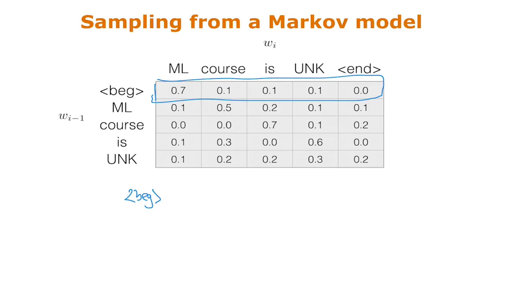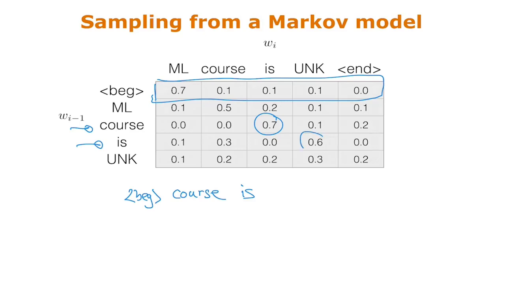So we throw that die. Most likely we would get the word ML, but we might also get the word course. Now the course is the preceding word. We move to this row. We now throw a different weighted die. We might get the most likely outcome here, which is the word is. Then we move to a different row, use a different probability distribution over the next word, throw now a different weighted die.